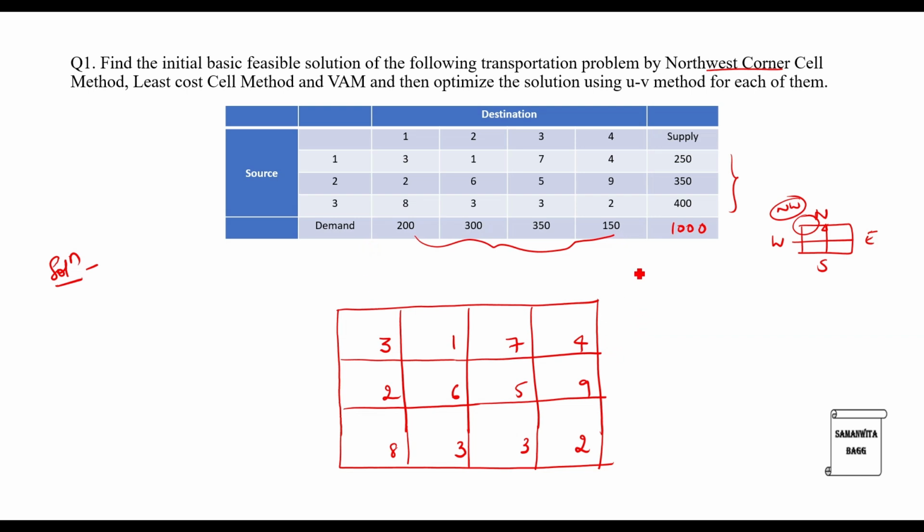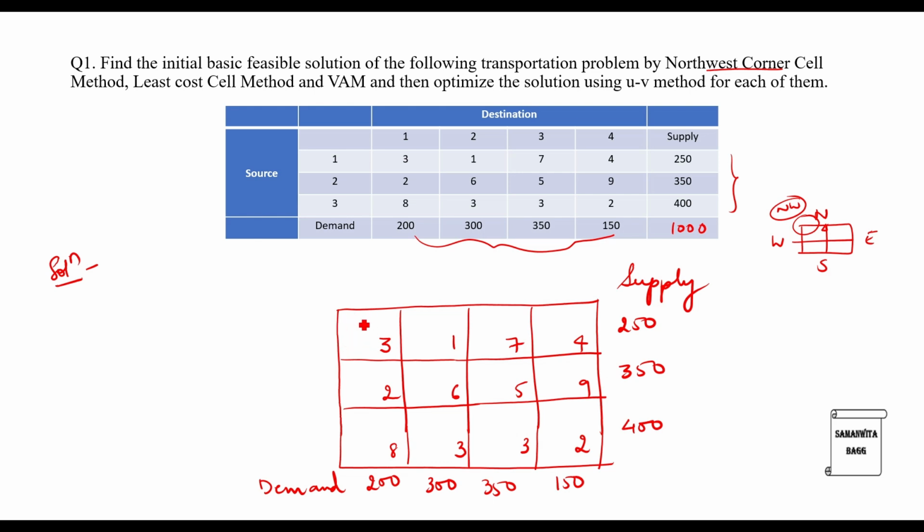So we will write over here the value of supply, that is 250, 350, 400, and here we will write down the demand, which is 200, 300, 350, 150.